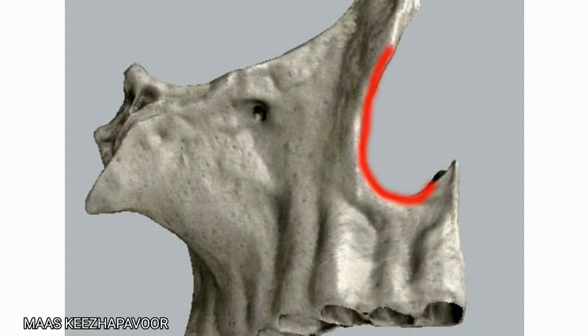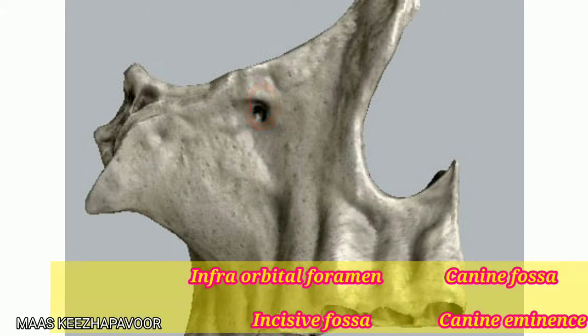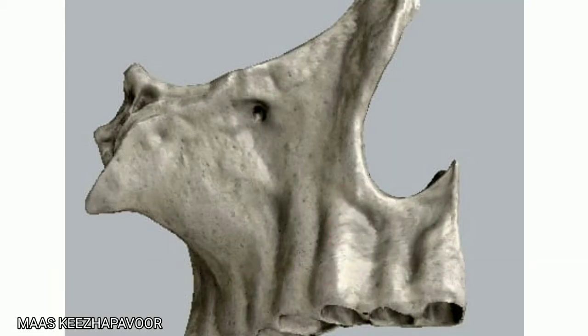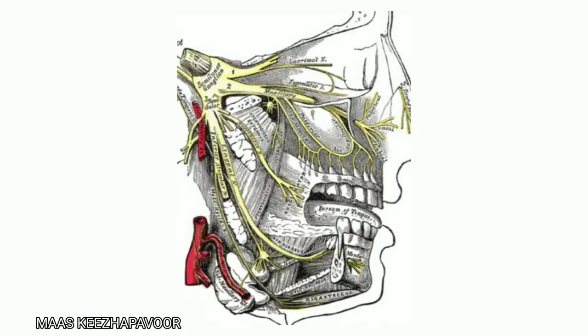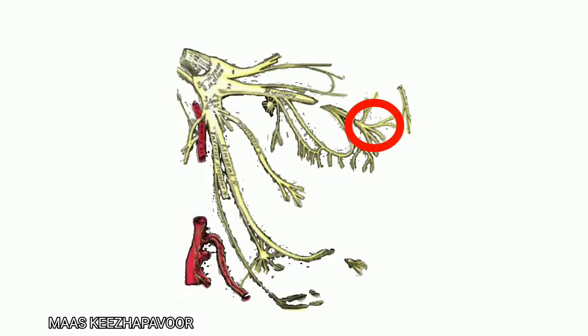In this surface, you can appreciate the infraorbital foramen, incisive fossa, canine eminence. The infraorbital foramen is the anterior opening of the infraorbital canal. It transmits the infraorbital nerve and vessels. Do you remember the source of origin of the infraorbital nerve?